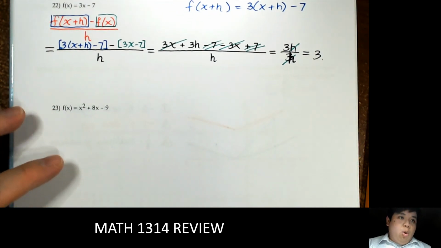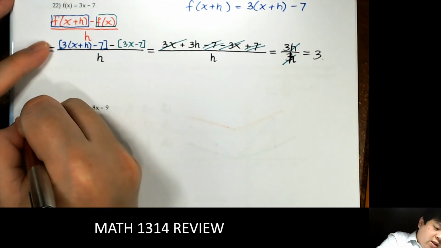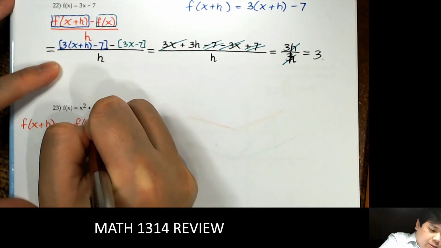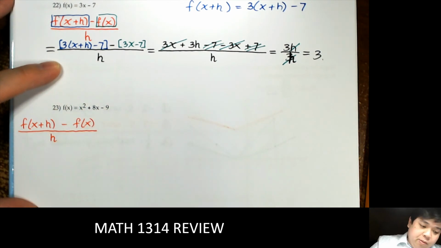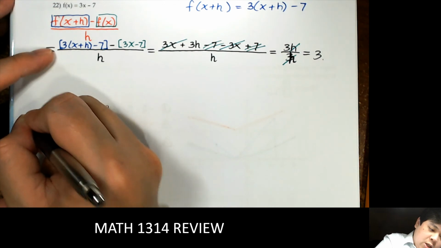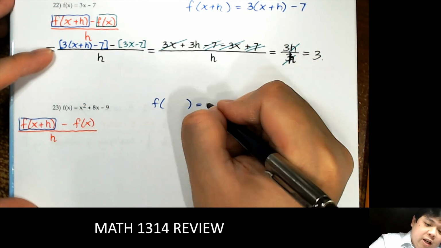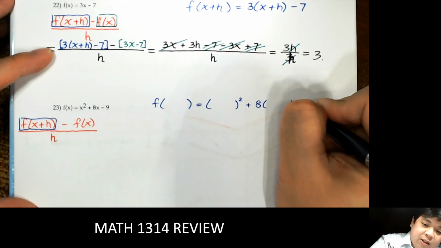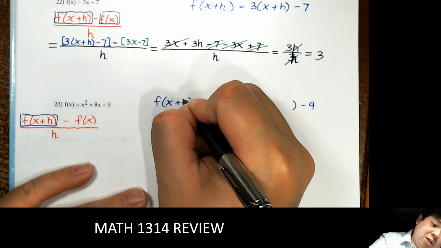Next, another difference quotient, but this time for that function. Let's start with the formula first. So we have f of x plus h. The original function, the function of something, is that thing squared, that thing minus 9. Doesn't matter what it is. It just happens to be x plus h.